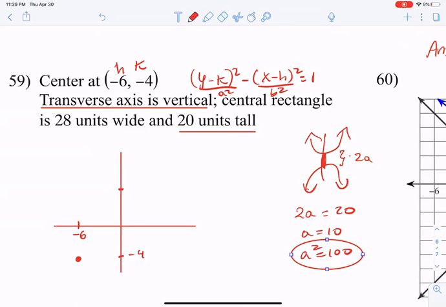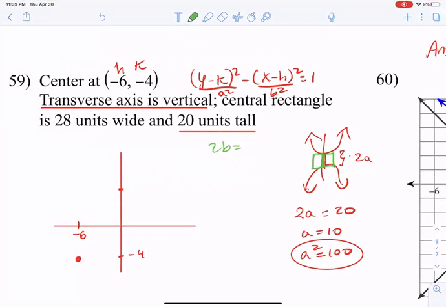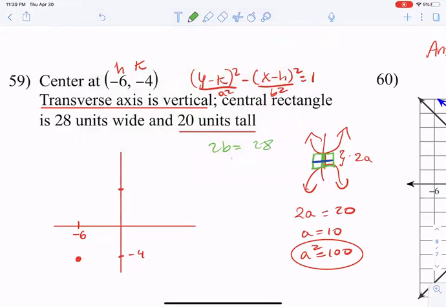They're saying that 2b, because that's this part, right? If I have the rectangle here and I'm going across, 2a is 20 units, and 2b should be this part. So 2b equals 28 units, so b is 12, so b squared is 144.